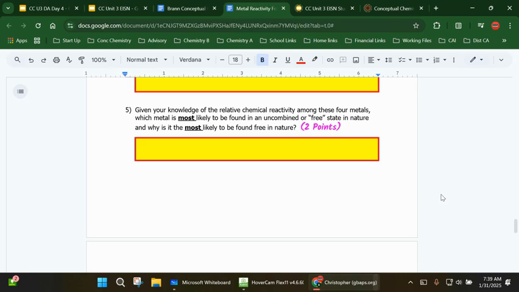Why? Because you would find big chunks of it. You would find pieces of it, and it wouldn't be with something else. Why? Because gold is not really reactive. So when you're not really reactive, there is a much better chance that you will be found alone, not combined with something. Okay? Questions?